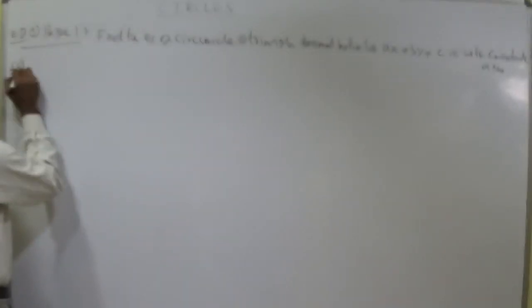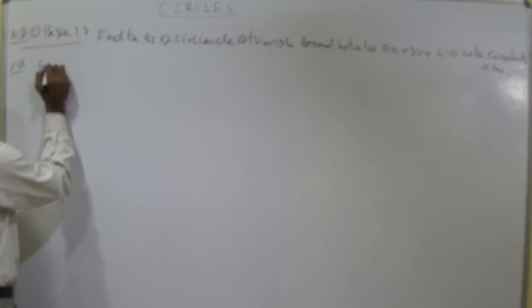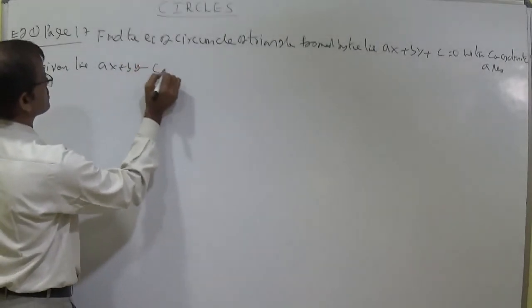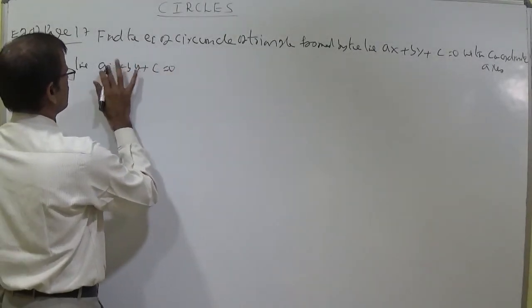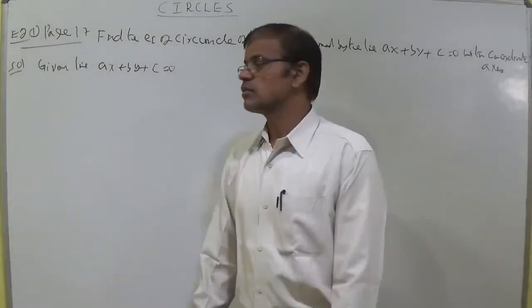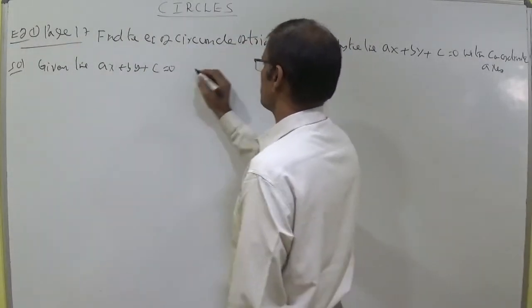Let us discuss the straight line equation with coordinate axis. Given line ax + by + c = 0, here we can also write small x. ax + by + c = 0 is the equation of a straight line.